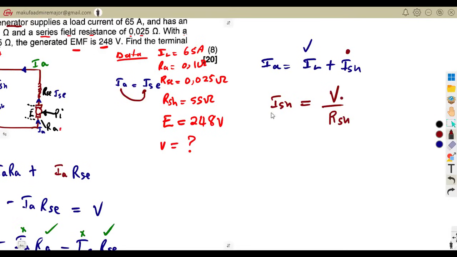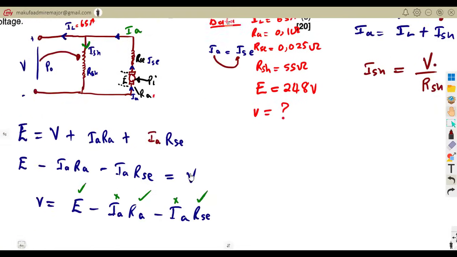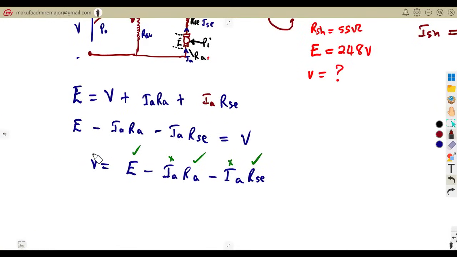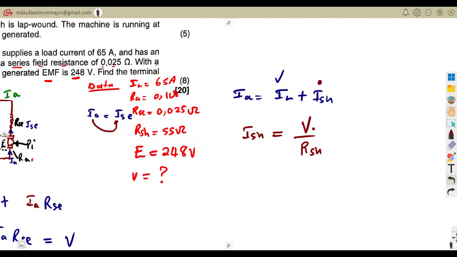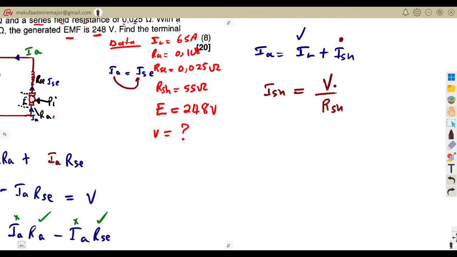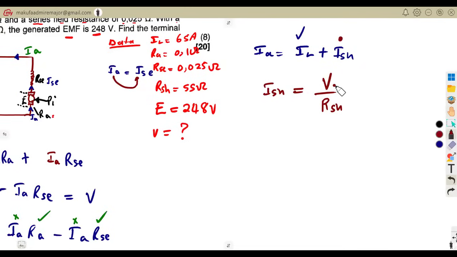Do we have this? This is the one that we need. So it was going to be a confusion to say, they want me to calculate V, but I am having a formula again which consists of that V that I'm supposed to calculate. So let me just leave it in terms of that V, because remember, V is supposed to be calculated. So it can be an advantage for us to leave it in terms of V. We do not know the value of V because it is supposed to be calculated.